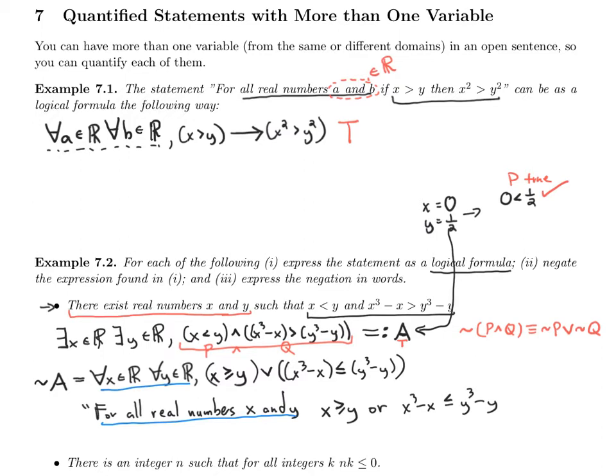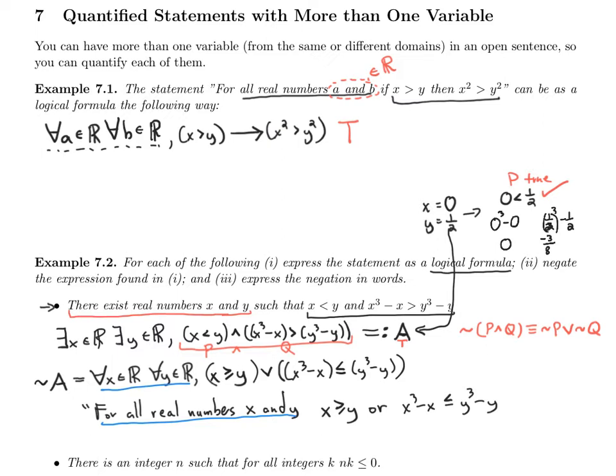So 0 cubed minus 0 is, of course, 0. And a half cubed minus a half: a half cubed is an eighth, and an eighth minus a half is 1/8 minus 4/8, which is negative 3/8.